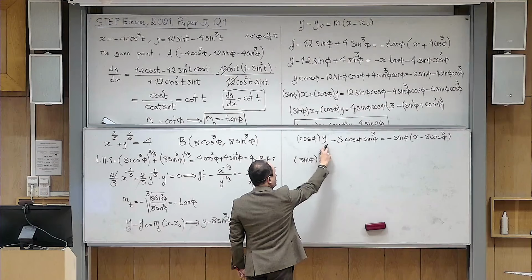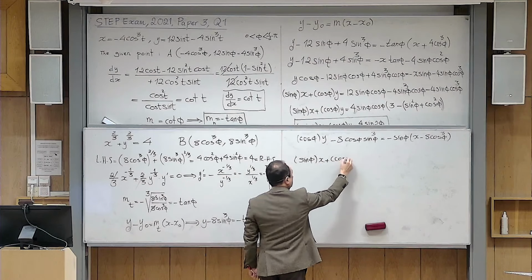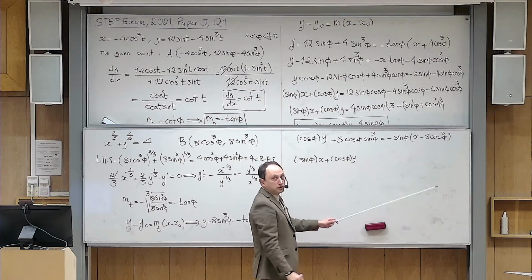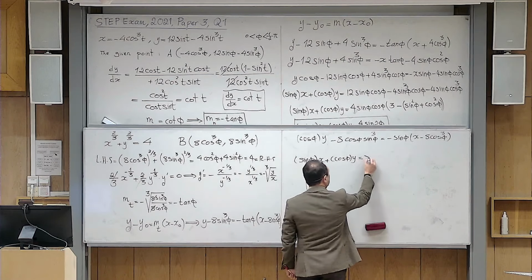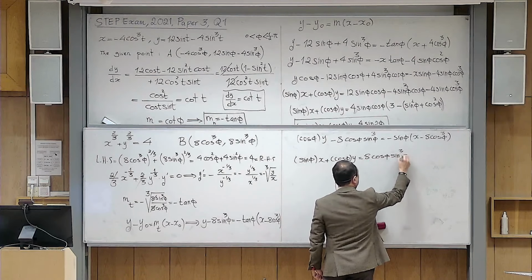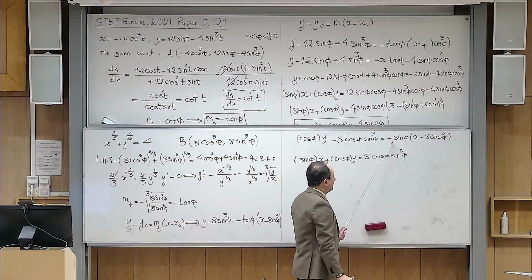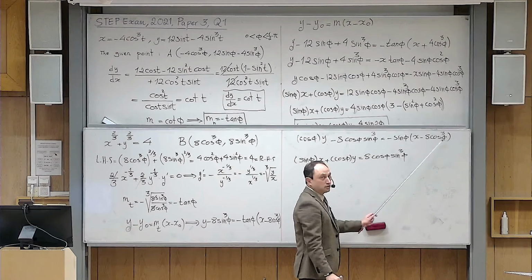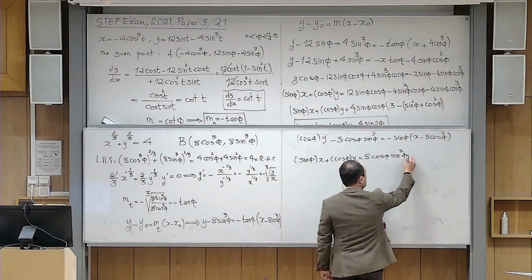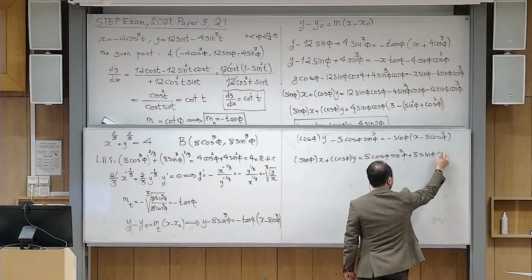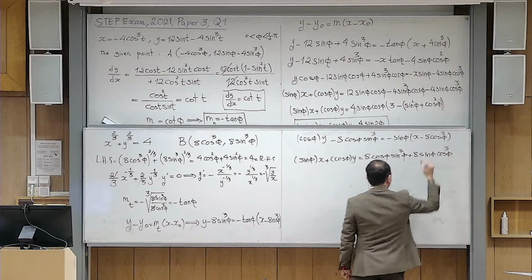I have already this here. Okay, and then I want to move this term to the other side so it becomes positive. And then I am left with this term here as well. So minus sine phi times minus 8 cosine phi cubed, it becomes positive 8 sine phi cosine phi cubed.